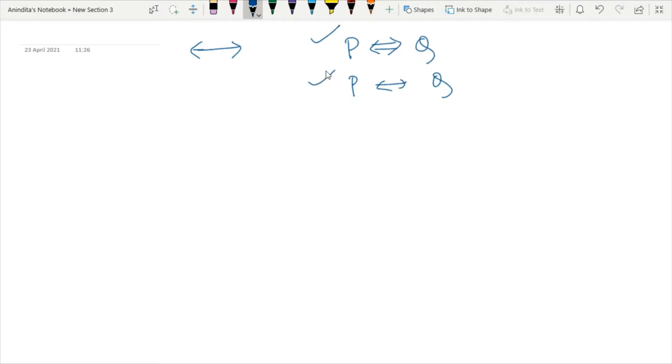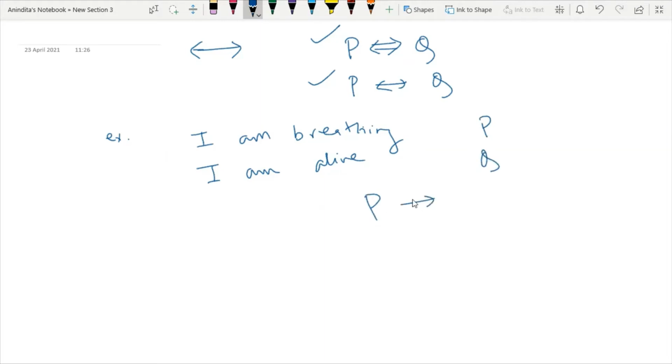Now for this biconditional kind of statement, I can give you one real world example, say I am breathing and I am alive. So this statement I can write as P double implies Q, because if I am breathing then I am alive. On reverse, if I am alive then I am also breathing. So this is known as biconditional representation.